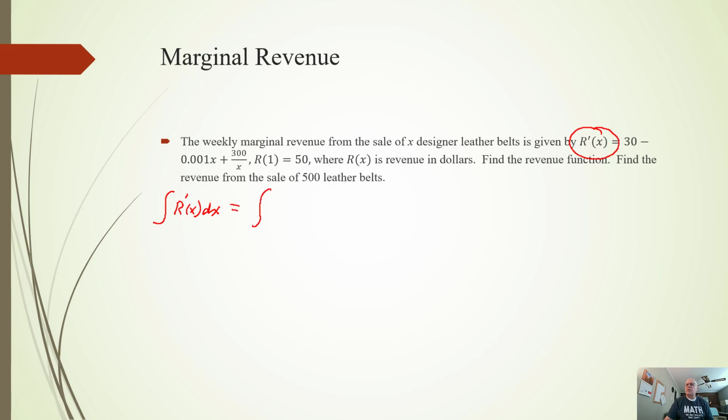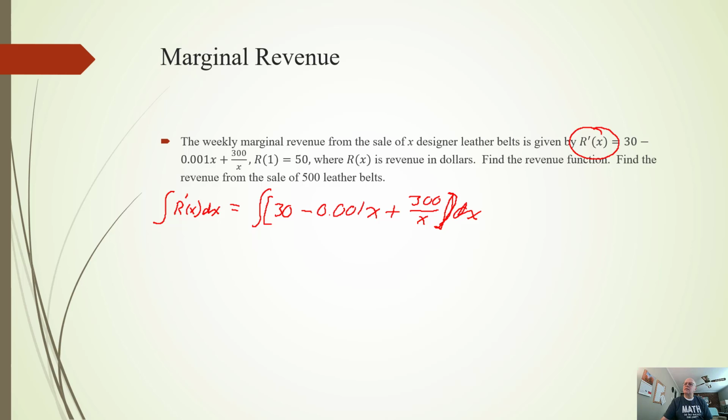So what do we have? Well, the marginal revenue is 30 minus 0.001x plus 300 over x dx. Make both those brackets.